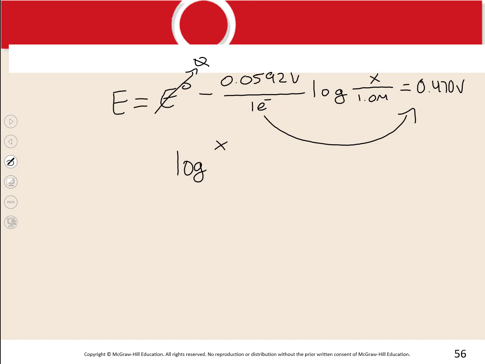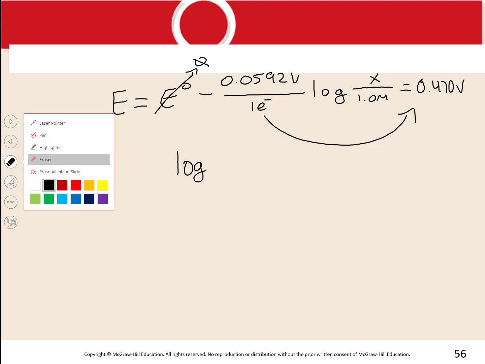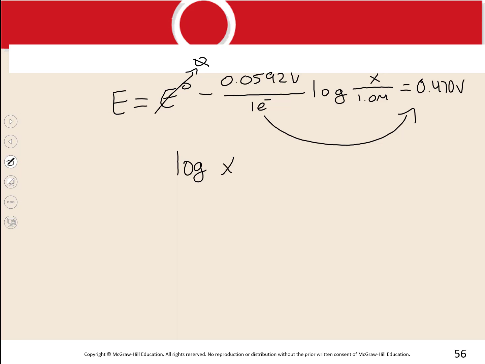Log of x over 1. I'll just put log of x because dividing by 1 is just nothing. So log of x is equal to that 0.470 divided by the negative 0.0592, which gives us negative 7.94.